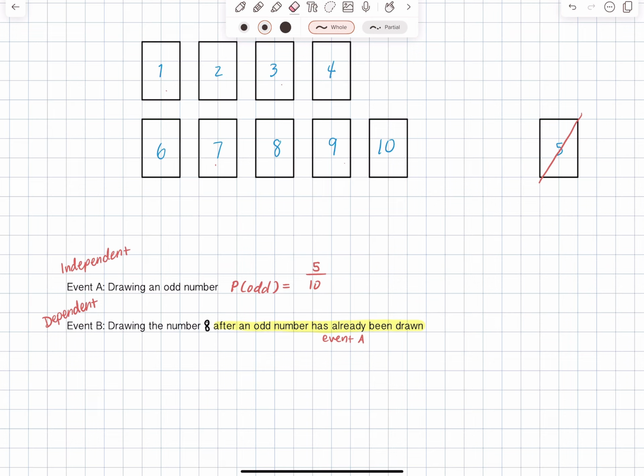So the probability, or just P, of drawing an 8. And then we only have one 8, so 1 over, and then we have 1, 2, 3, 4, 5, 6, 7, 8, 9. 9 total cards.